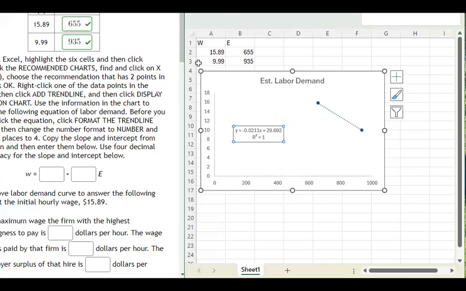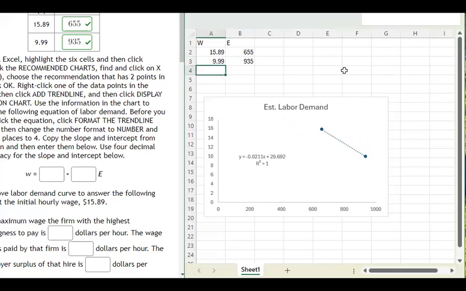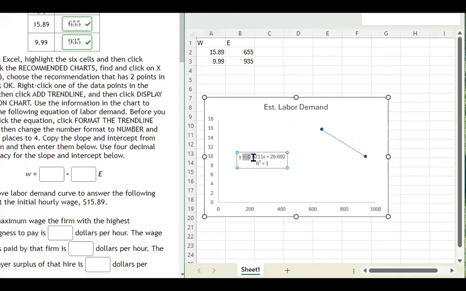And then I'm going to add a row here and call this wage rate. I'm going to copy this formula here, the equal sign and the right side of this equation. I have the intercept, which is 29.692, and I have the slope, which is negative 0.0211. I'm going to copy that right here.